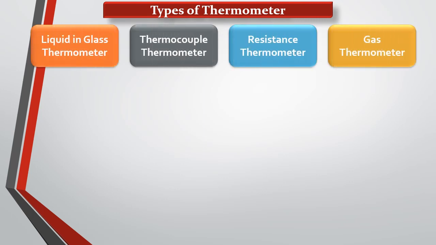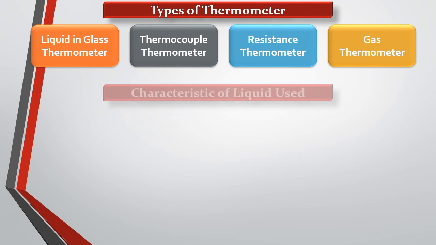So basically we have 4 types of thermometer, which are the liquid in glass thermometer, thermocouple thermometer, resistance thermometer, and glass thermometer. Usually what we use in the lab is the liquid in glass thermometer.